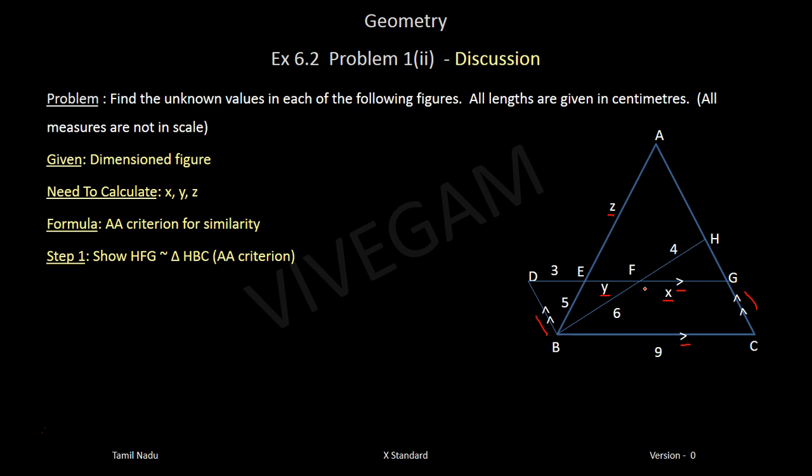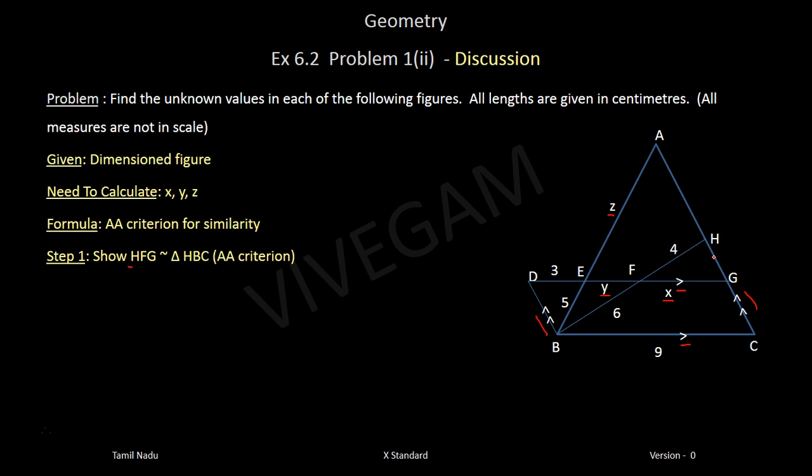Right. Now, show that triangle HFG is similar to triangle HBC. Triangle symbol is missing here. Please add it. I'll do that later. Triangle HFG. So this line is parallel to this line, that is, FG is parallel to BC. As I said, first we'll have to work out x. So x is here. If you look at it, these two triangles are similar. How?